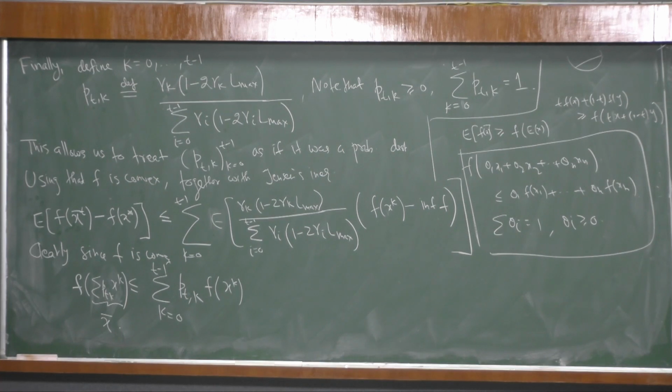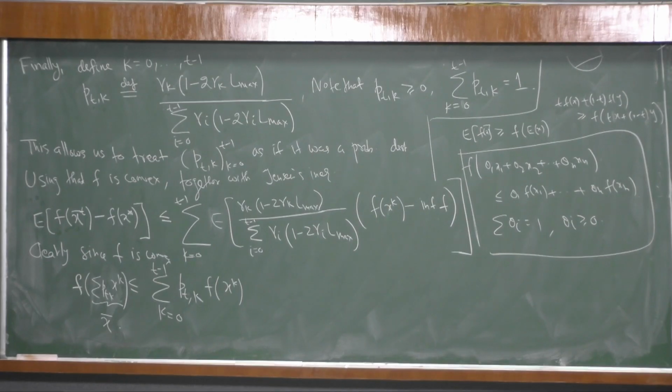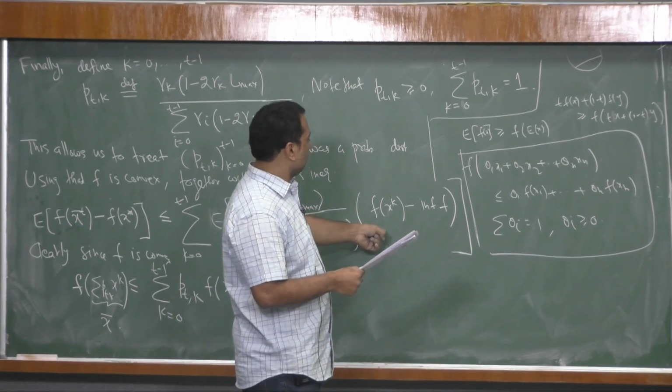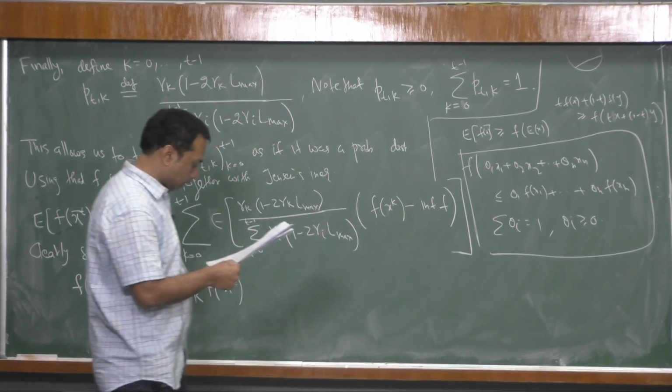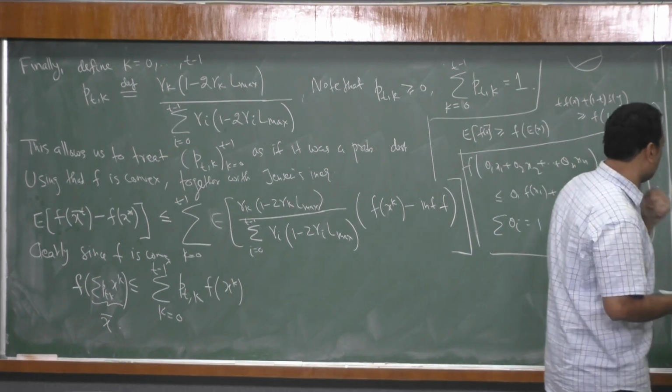I guess there is a last line where we have this gamma k, this, and f of x k minus infimum, and then we had some result on f of x k minus the infimum. I think we did some result which comes out in terms of the norm of x naught minus x star squared and so on, right? We did this. Oh, the last line, that's already there, right?